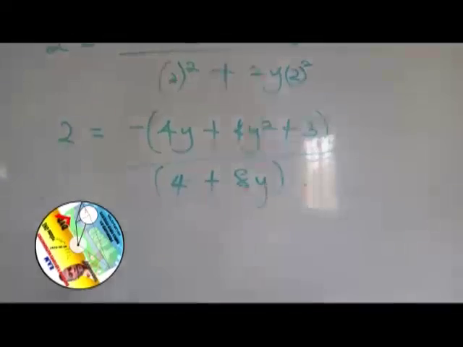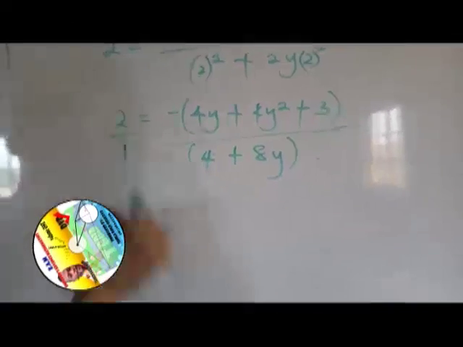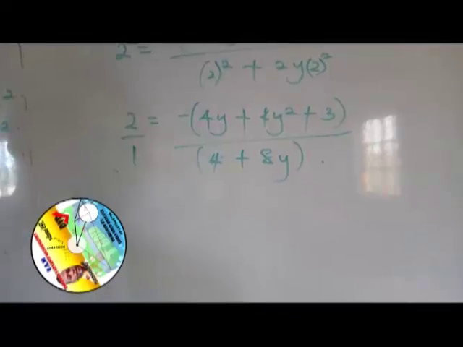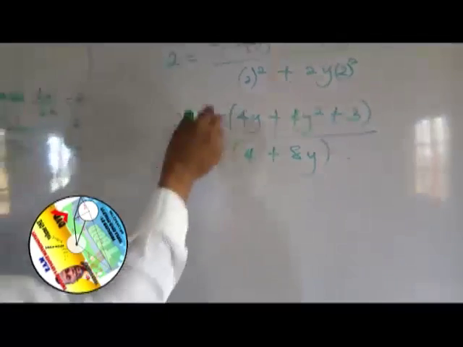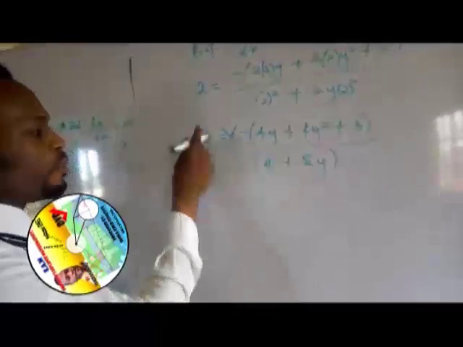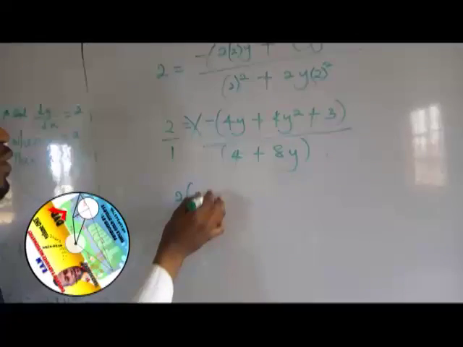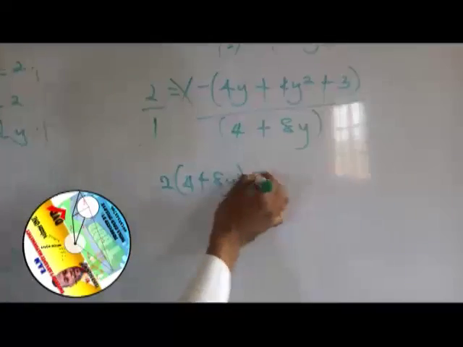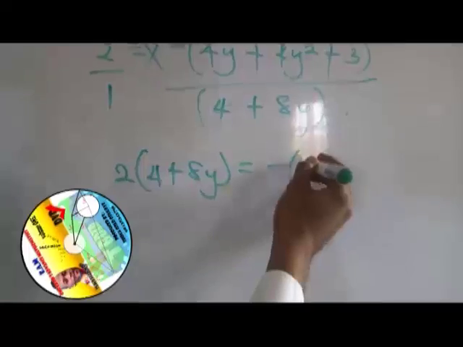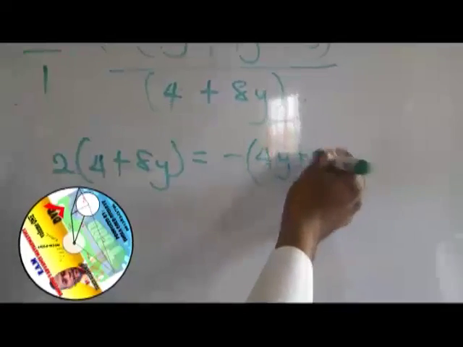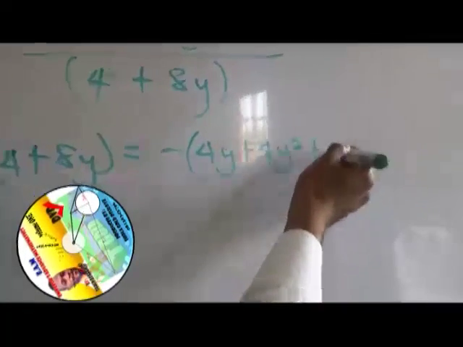That's what I'm having as my denominator. I can put this one over 1. After that I want to cross multiply. So therefore I'm going to be multiplying 2 bracket 4 plus 8y is going to be giving me minus open bracket 4y plus 4y squared plus 3.